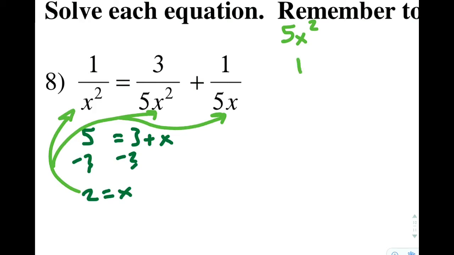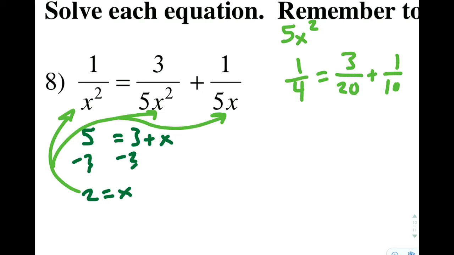So I'll write that right here. I have 1/4 equals, and then 3 over 5x squared. So 5x squared would be 5 times 4, or 20, so 3/20ths, plus 1 over 5x, and if x is 2, so 1 over 5 times 2, 1 over 10.